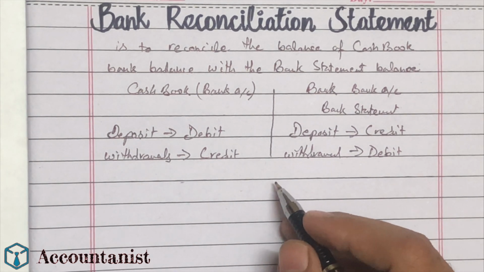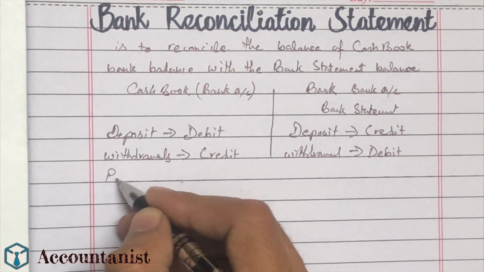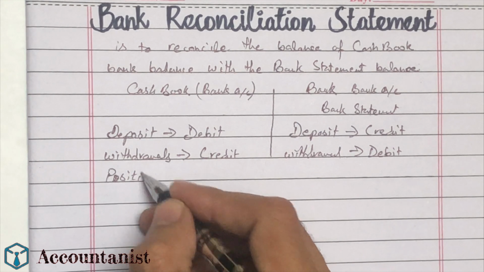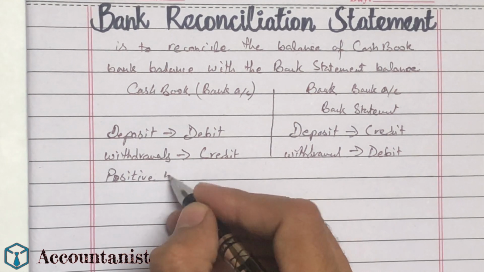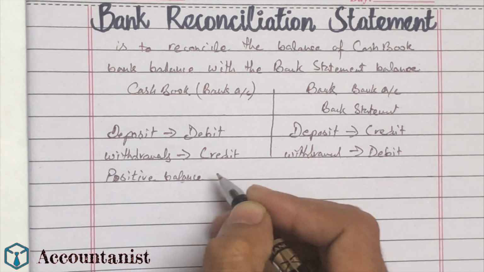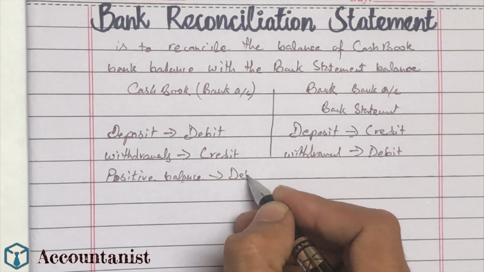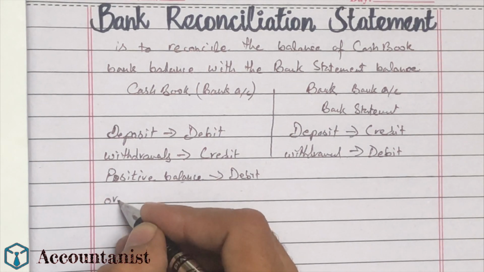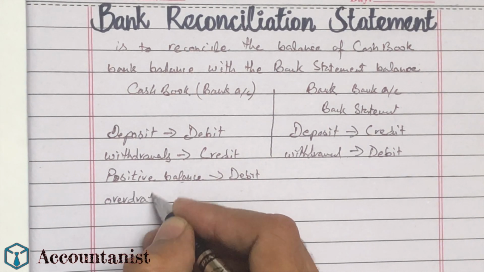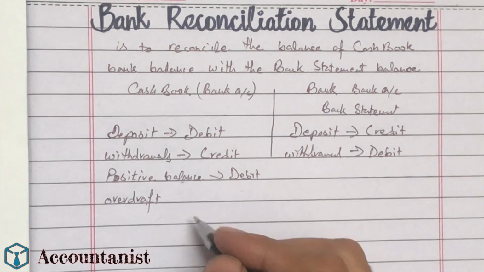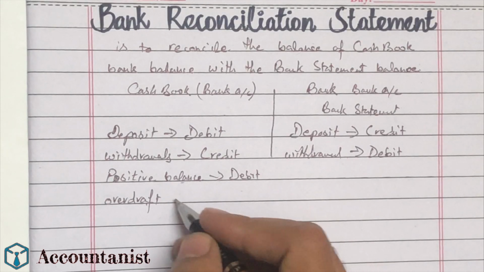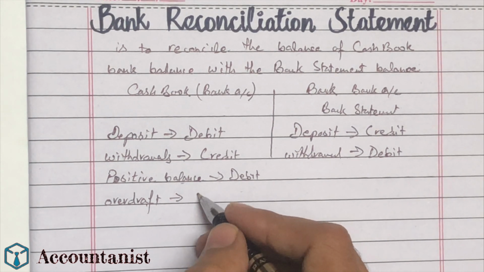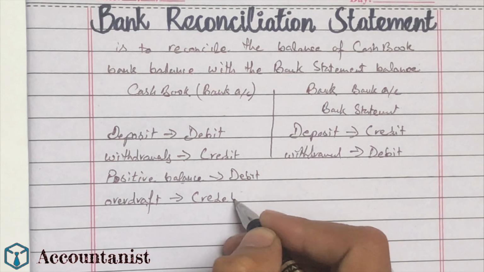Similarly, if we have a positive balance in the bank account, we show that on the debit side. And if we have an overdraft, meaning we withdrew more money than we had from our bank account, a negative balance, that comes on the credit side.